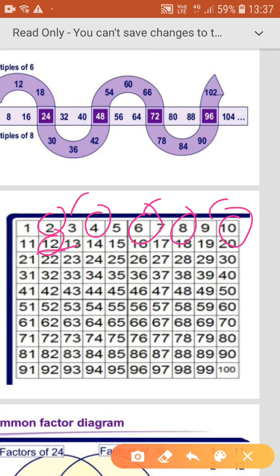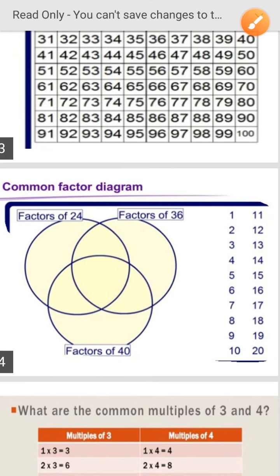So you can say that the common multiples of 2 and 3 that we have here are 6 and 12. Similarly, for the multiples of 4, you have 4 into 1 is 4, 4 into 2 is 8, 4 into 3 is 12. So you can find out the multiples of 4 also, and 5 also, in this grid. So this is an exercise for you. You have to make this in your exercise copy.